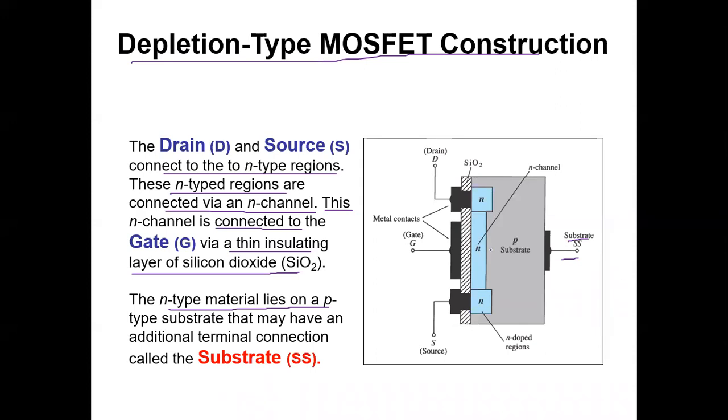So how it works, I will let you know. This is the gate, this is your P substrate, this is your channel. When you put some negative potential on this, this is nothing but a capacitance. A metal is there, your oxide is there, and the other plate of the capacitance is there.